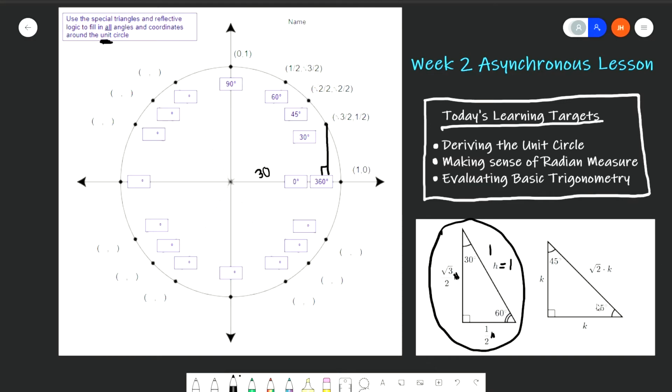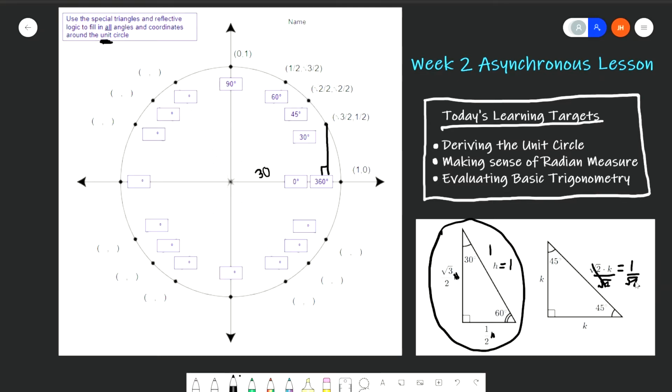We also use the 45, 45, 90 triangle in order to get these coordinates here at the 45-degree angle. Essentially, if the hypotenuse was equal to 1, then what was k? You could solve this by dividing both sides by the square root of 2, right? Now, that would mean that k is equal to 1 over the square root of 2. However, in math, we tend to try to what we call rationalize our denominators.